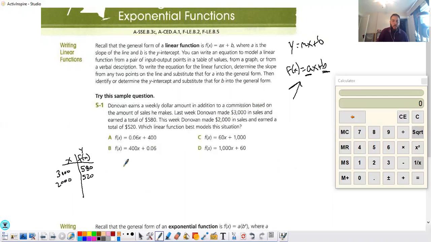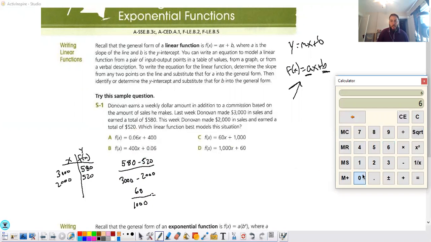Just like whenever we're finding the slope, we want to find the difference in y's over the difference in x's. So if I'm finding the slope, I can take 580 and subtract 520, that's our difference in our y's, over 3,000 minus 2,000. Now, if we continue this out, 580 minus 520 is 60 over 3,000 minus 2,000 is 1,000.